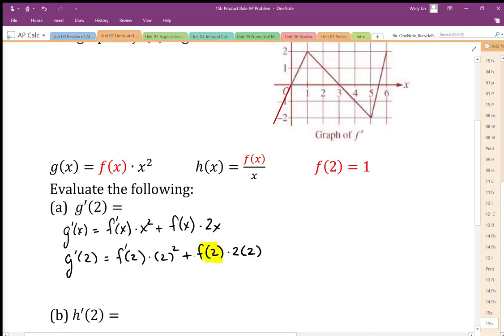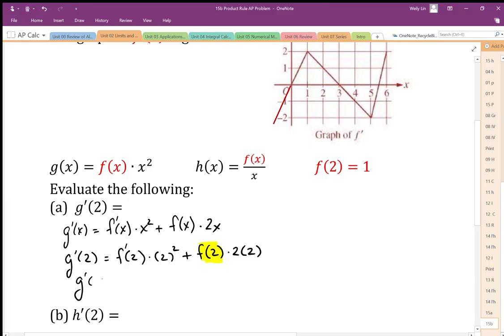We know what x is, but we don't have the y value. But the nice thing is that the y value at x equals 2 happens to be the one given. Okay, we kind of lucked out. We didn't really luck out. This question was designed that way.